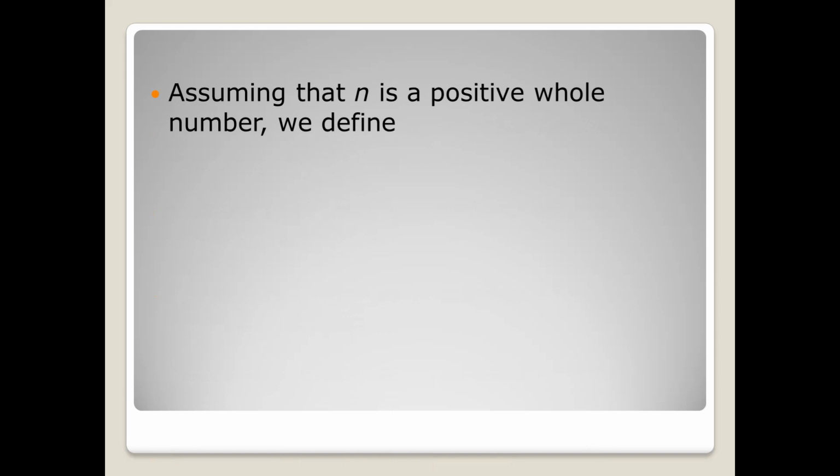Now, let's assume that n is a positive whole number. We define b to the power of 1 over n as the nth root of b. So if the number here is written in this way, b to the power 1 over n, where n is a positive number, then this is called the nth root of b.